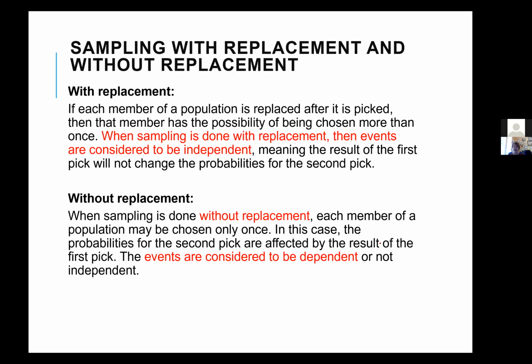So if I have a bag that contains 20 marbles of different colors and I draw one marble out of the bag, note its color, and then put that marble back in the bag and mix them up real good again, and draw a second marble out of that bag, then the second trial is completely independent of the first.